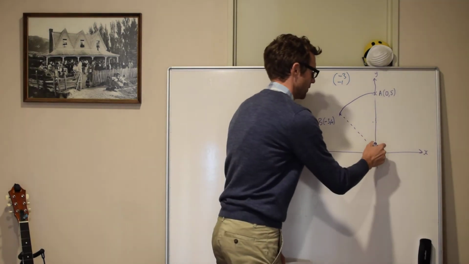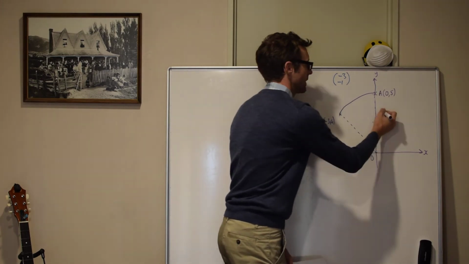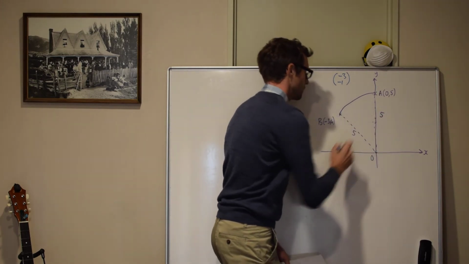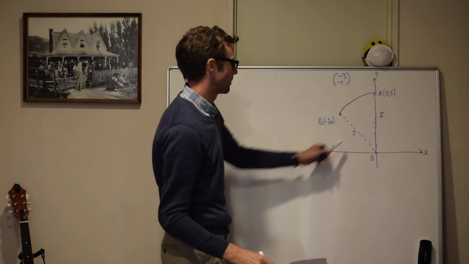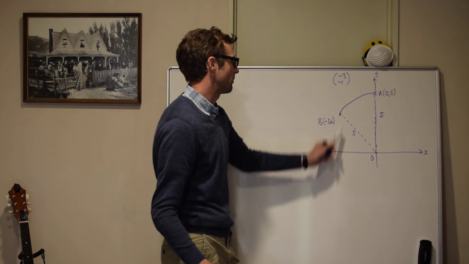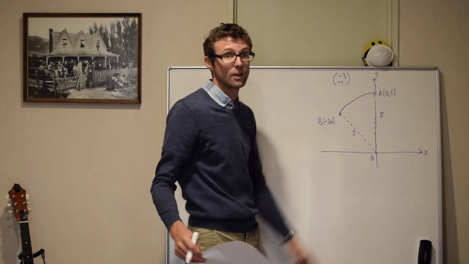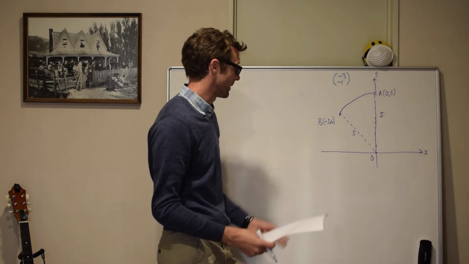Obviously, otherwise it's not a circle. So we know that this length is 5 units, and therefore this length must also be 5. Now, if you don't believe me, you can use a bit of trig. You've gone back 3 and up 4, and you can do trigonometry, a 3, 4, 5 triangle, so this must be 5. I hope that makes sense.